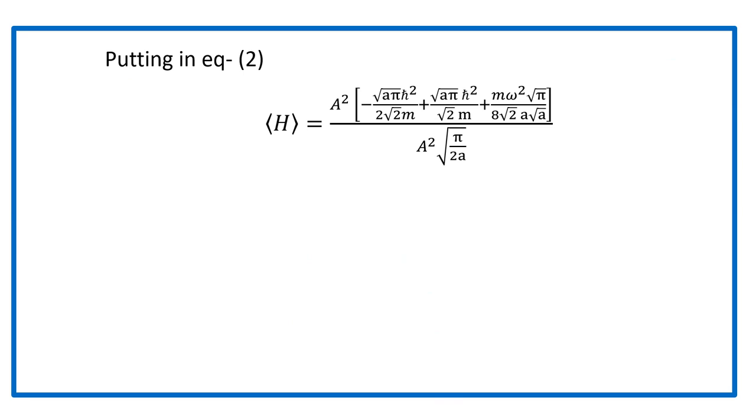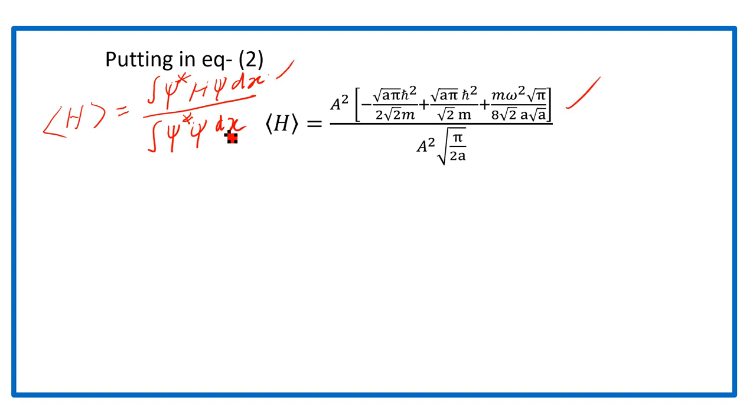Now putting it in equation number 2, which is the expectation of H equal to the integral of psi star H psi dx upon the integral of psi star psi dx. The numerator has this value and the denominator has this value, so A^2 cancels out.